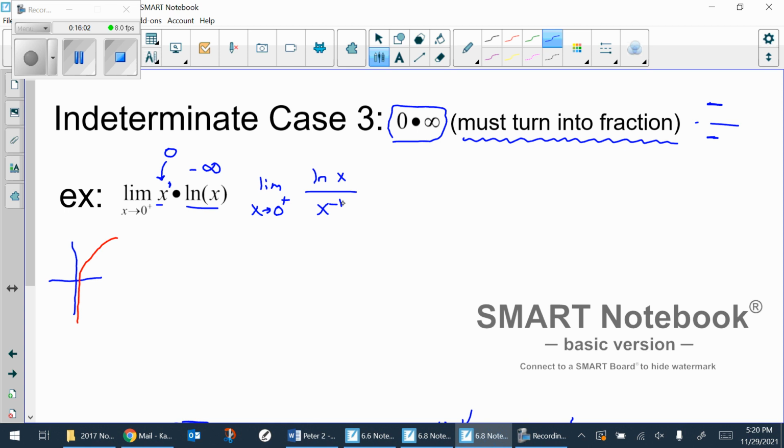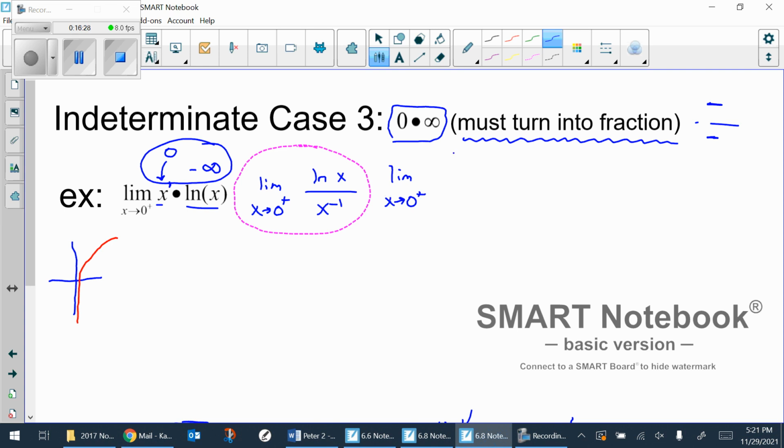All right, we've already explained why this is a L'Hopital problem. We have now turned this into a fraction. And so now it is derivative time, where L'Hopital said we should do it. We'll take the limit as x approaches 0 from the positive side.